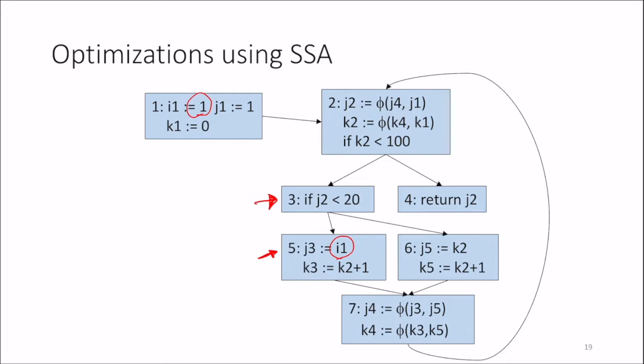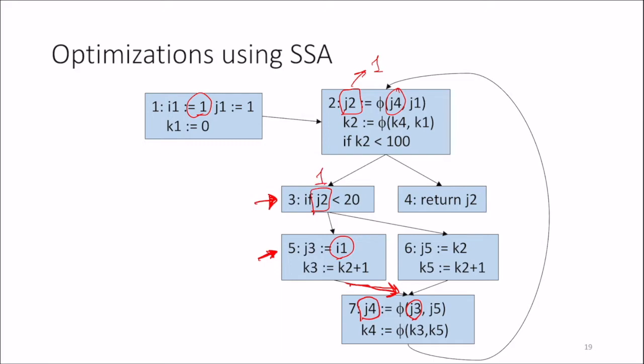So if I go into this branch over here, into this basic block 5, J3 is going to be assigned to 1. When I'm coming into this basic block number 7, I'm going to be using J3 and not J5 because I came through basic block 5. I'm using this path. So J4 will also be set to 1, so J2 would be set to 1, and then this would always be 1.